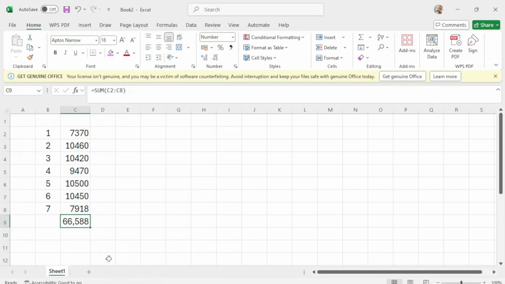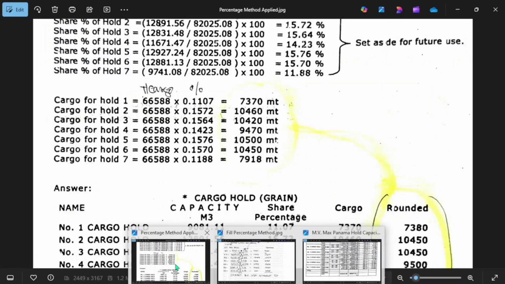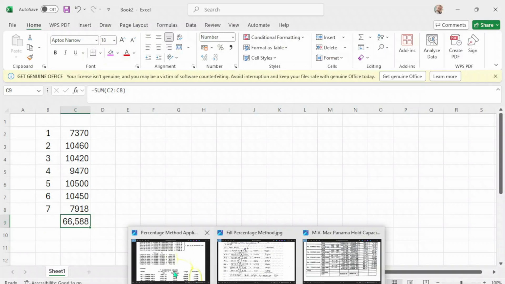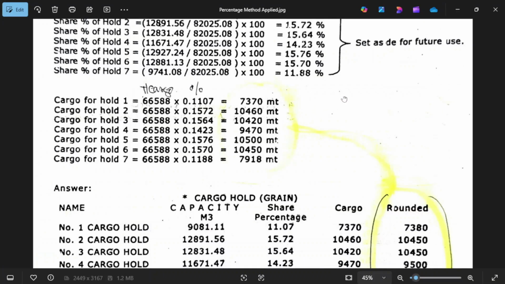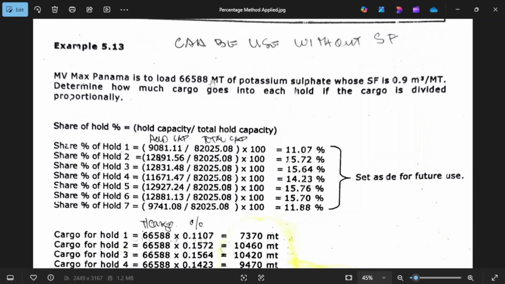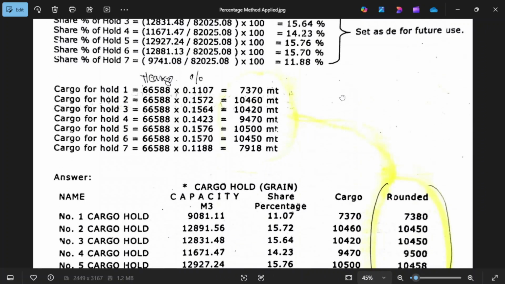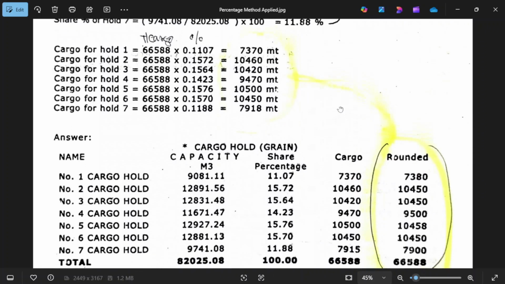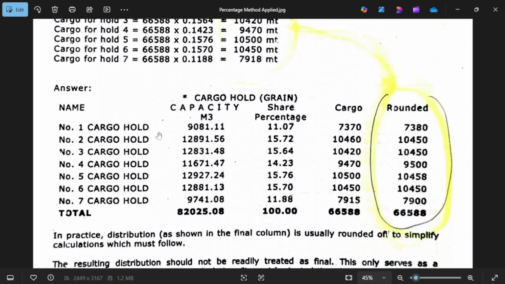That would be 66588. Put here cargoes 1 to 7.